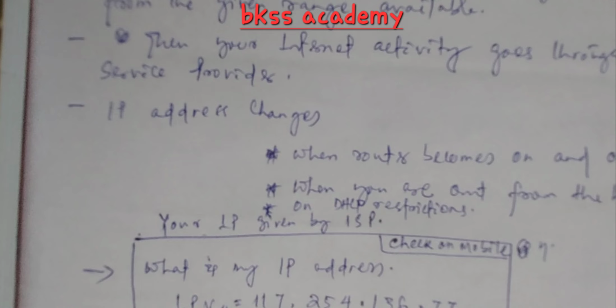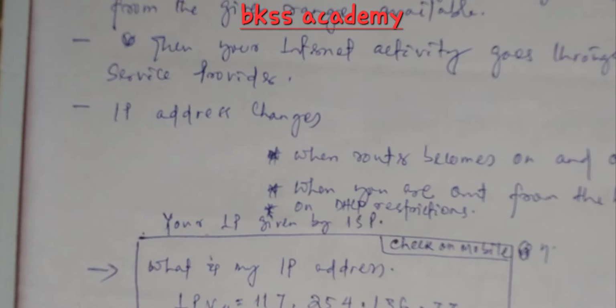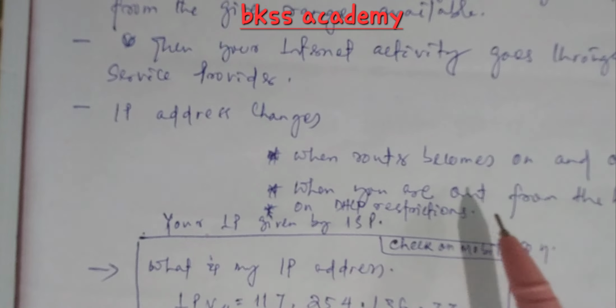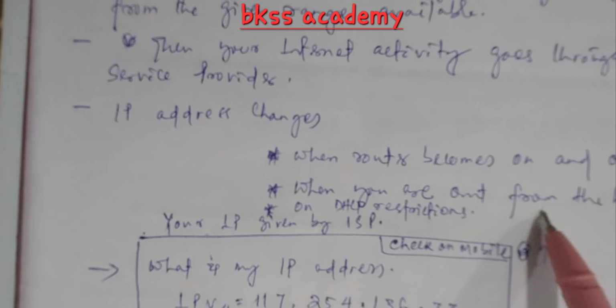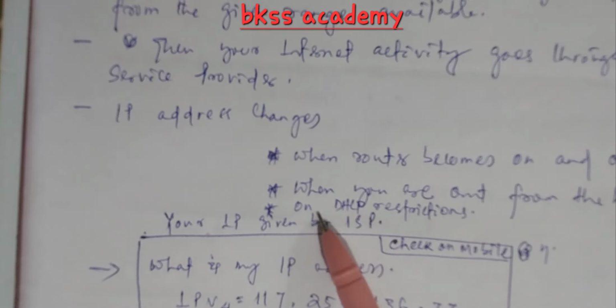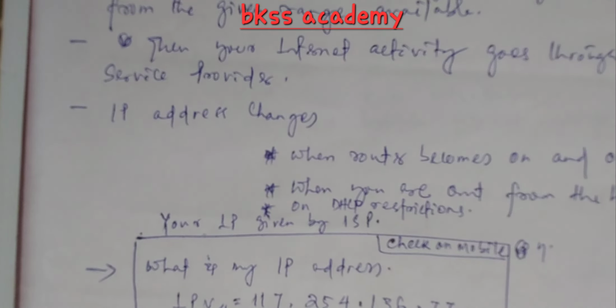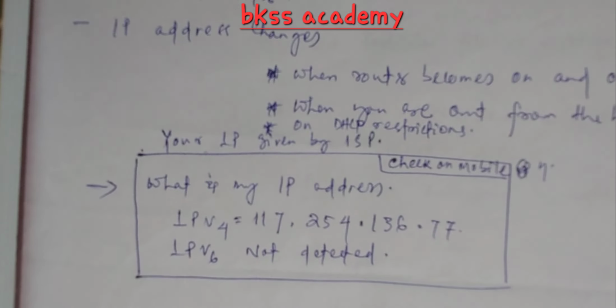The IP address changes when the router is turned on and off, or when you are away from your home location, under DHCP restrictions, and it will change the IP given by the ISP.